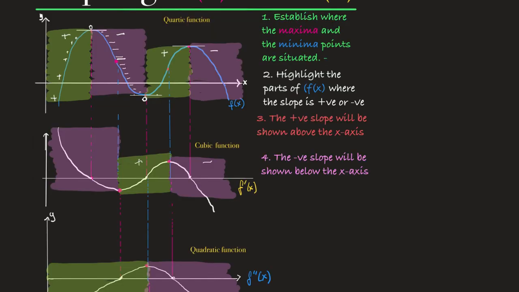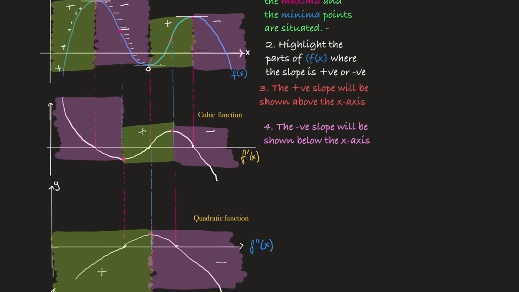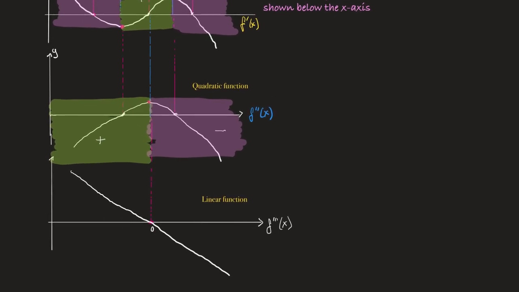If we show all the stages, we go from quartic here to a cubic with two maxima and a minima, to a quadratic with one maxima, and finally we end up with just a linear function.